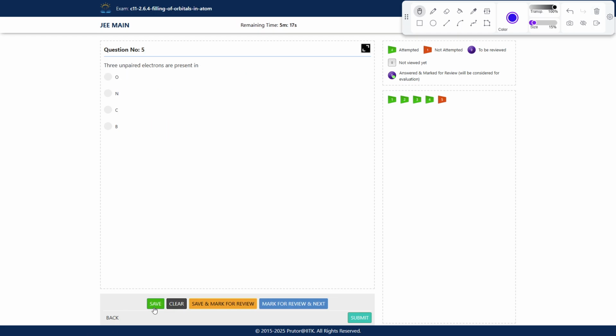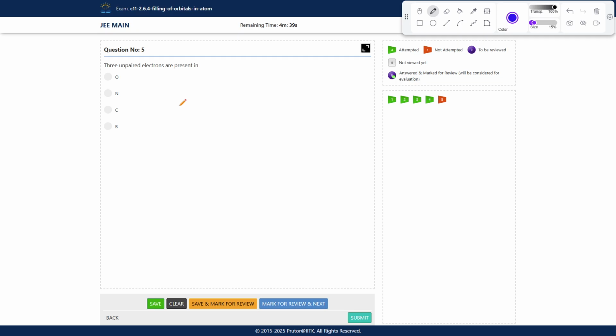Three unpaired electrons are present in oxygen, nitrogen, chlorine and bromine. So what will be the correct answer? It will be nitrogen. Now if I ask you what physical property is being affected due to the 3 unpaired electrons in nitrogen, if you compare it with oxygen, what is that physical property which is being altered and is not following the general trend, due to this half-filled configuration of nitrogen as compared to oxygen?